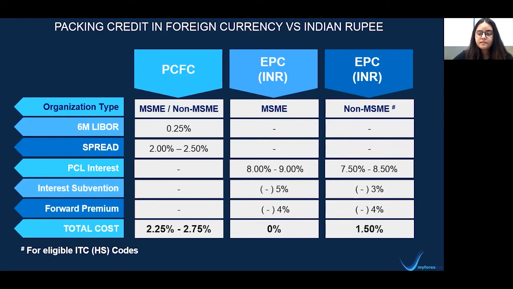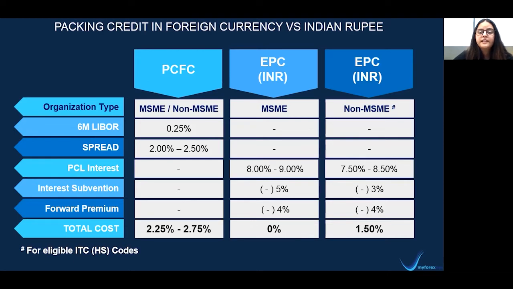In a non-MSME, also, the interest rate is around 7.5 to 8.5%. Non-MSME's interest subvention is of around 3%, and on booking a forward contract, they receive a forward premium of around 4%, which leads to a total cost of 1.5%.